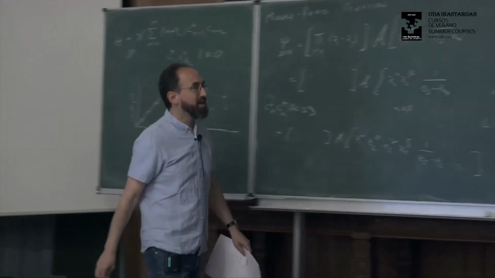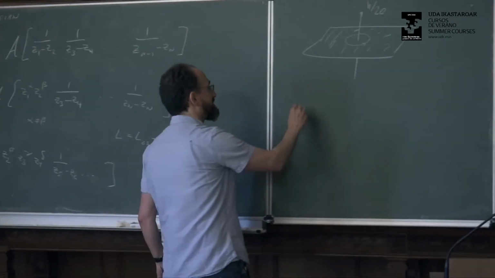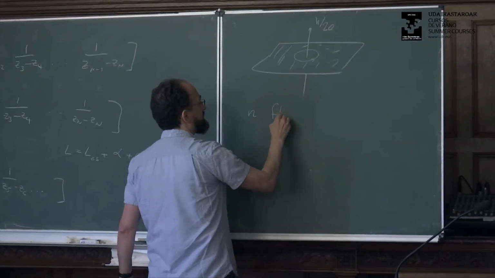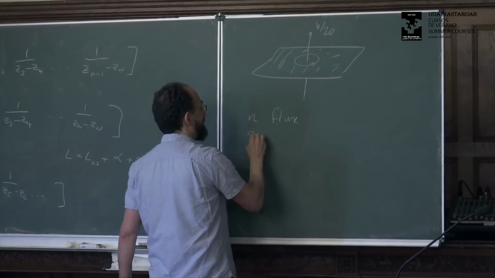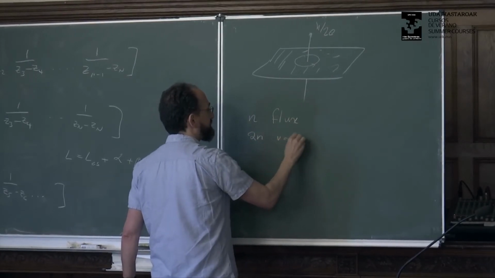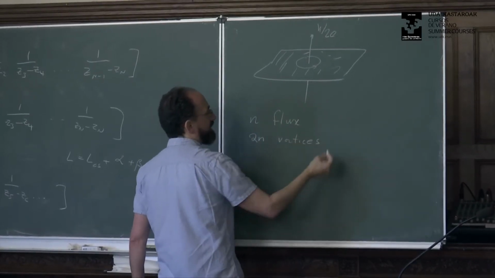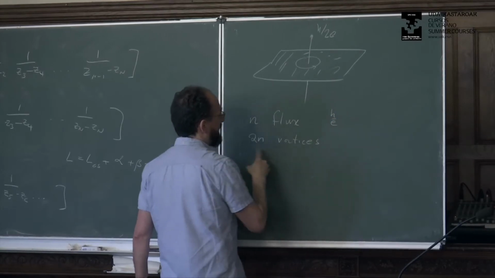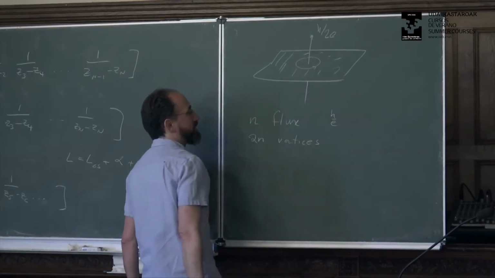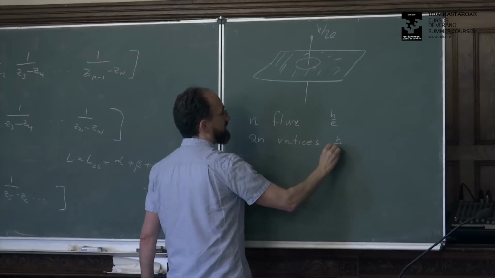So in particular, if we add n flux to the system, we expect to get 2n vortices, because a flux is h/e, and the vortex for a superconductor is h/2e.